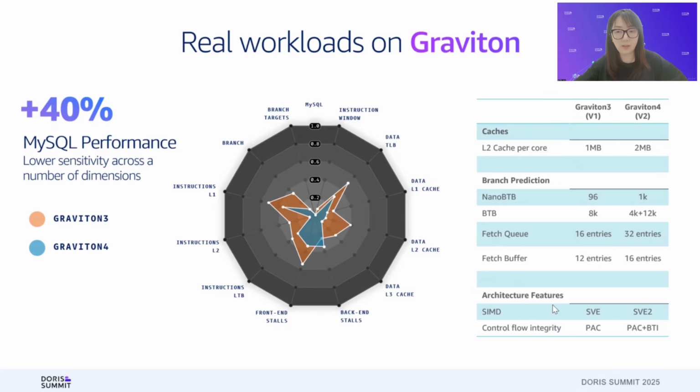It supports SVE2 and it has new control flow integrity instructions like BTI. With all of that, how does it perform? Now let's look at performance improvements that real workloads achieve. With MySQL as a prime example, we are seeing 40% MySQL performance improvement and lower sensitivity across multiple dimensions, meaning more stable and more predictable performance.